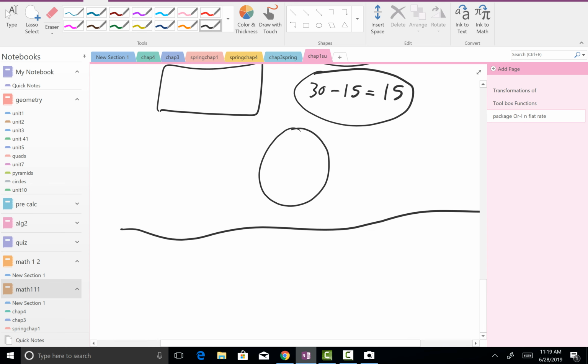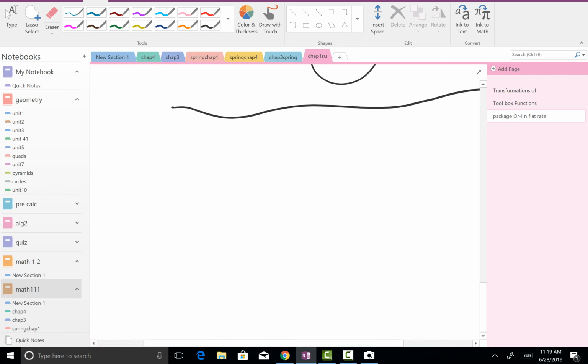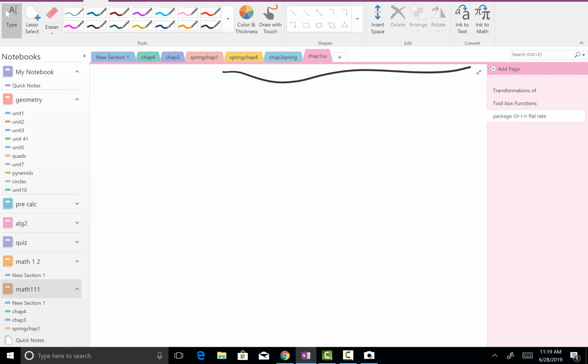Okay, and talk about this situation here. So we have a cylinder, and we fixed that surface area.